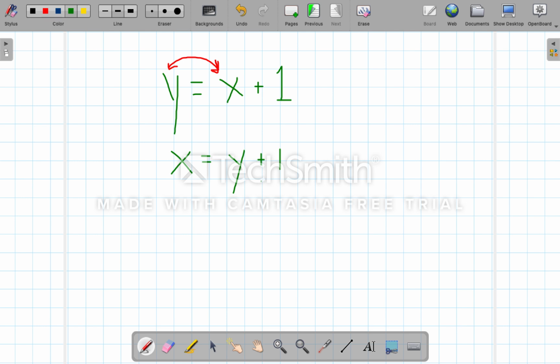And then I can solve for y. Subtract 1 on each side, and I get x minus 1 equals y, or as we wrote it previously, y equals x minus 1.